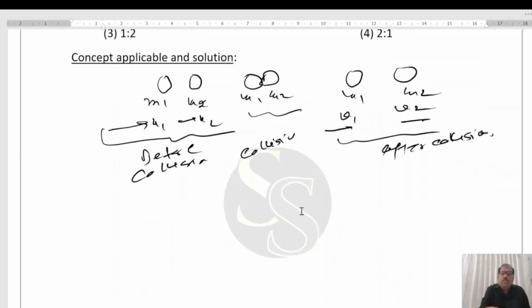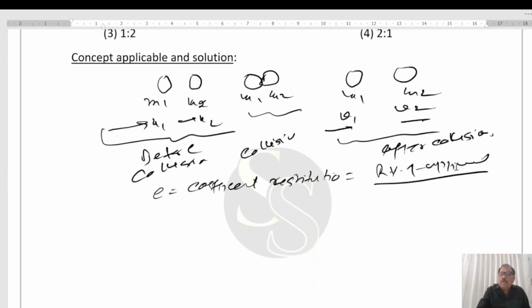Let two bodies of masses m1 and m2 be moving in this direction. This is before collision, this is at the time of collision, this is after collision. One term is e, the coefficient of restitution, that is the relative velocity of separation over the relative velocity of approach.